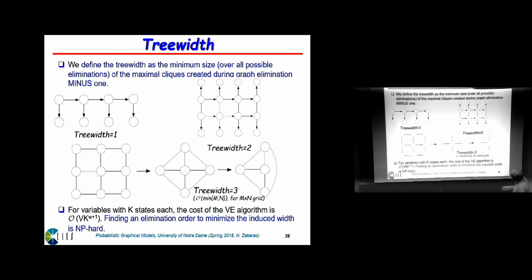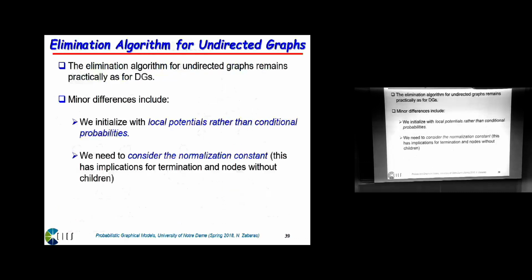If you don't do the elimination algorithm, basically the cost will be k to the power v. All right, v is the total number of nodes. So obviously this is linear in v, so it's v times k to the w plus 1. And lots of times, I think in some earlier lectures, we didn't put the plus 1 because if w is big, the 1 doesn't make much difference, but this is the correct calculation. Okay.